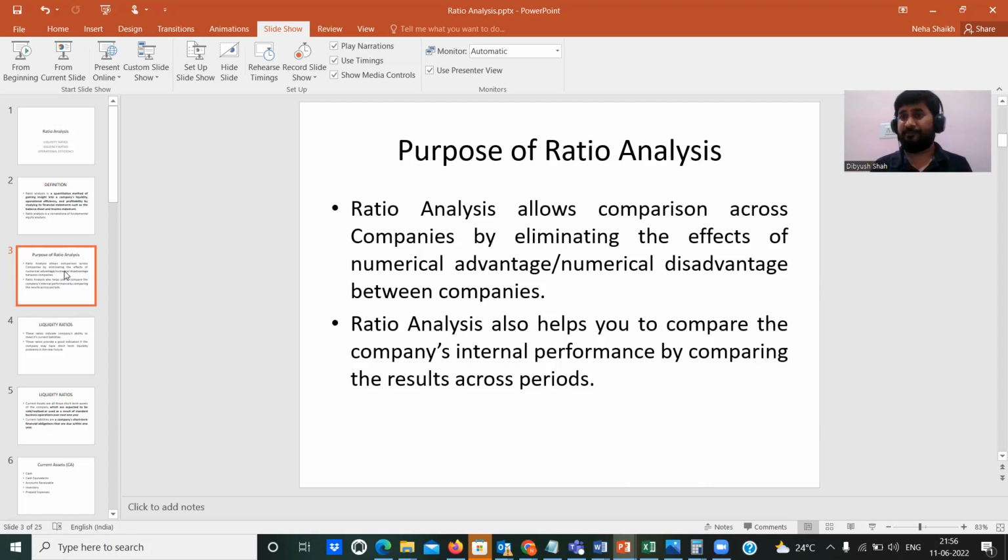Market cap of more than $100 billion, revenue in billions of dollars. Mindtree, just coming up, a growing company. You want to compare those two companies and find out which is more profitable as per your own analysis. How do you do that? Not possible, right? The numbers of TCS will be very high.